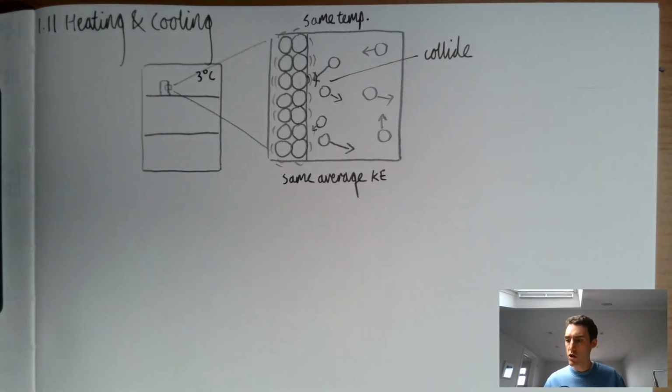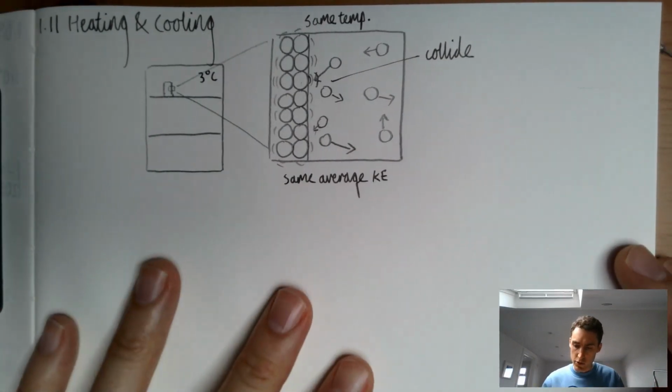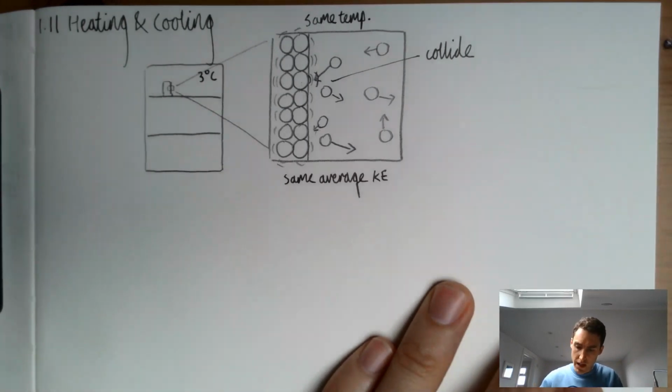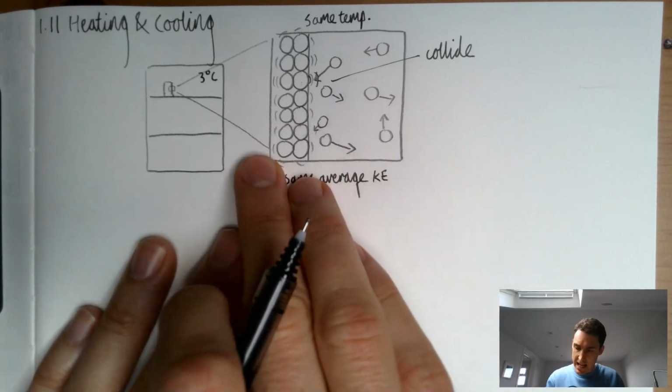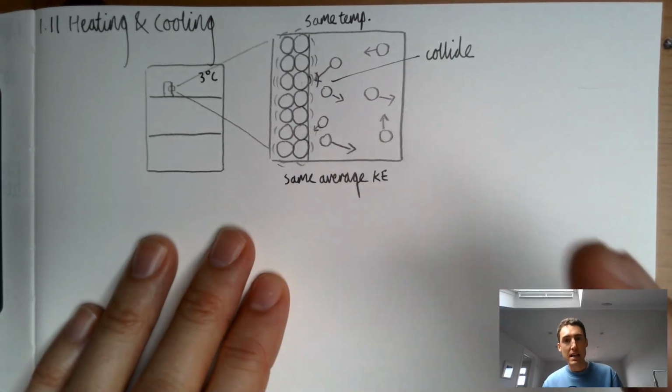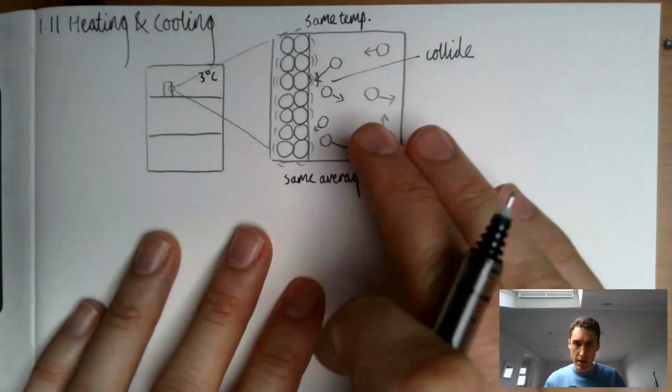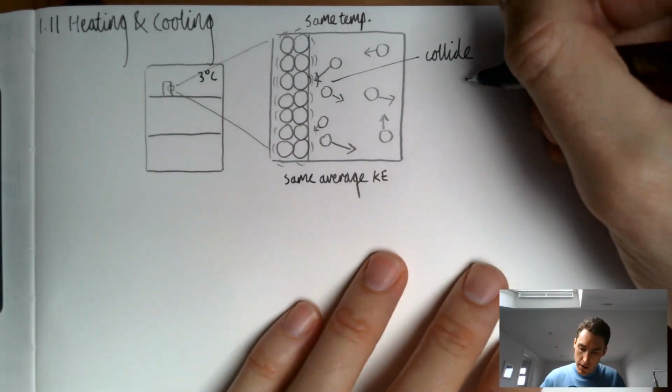Now the idea that I want to get across to students is that the rate of energy transferred from the can to the air is going to be exactly the same as the rate of energy transferred from the air to the can. So I might write that down like this.